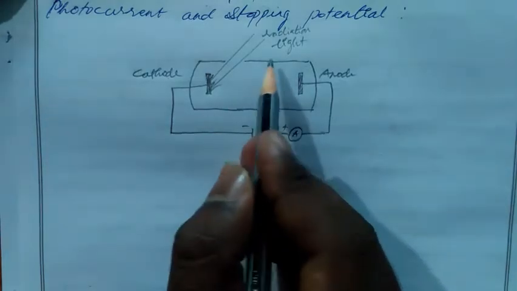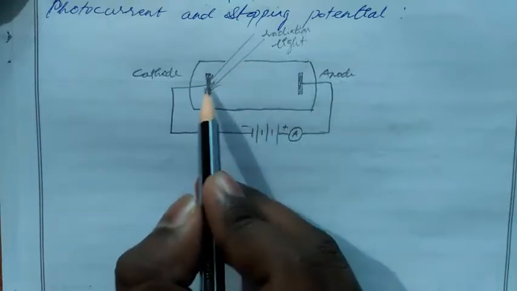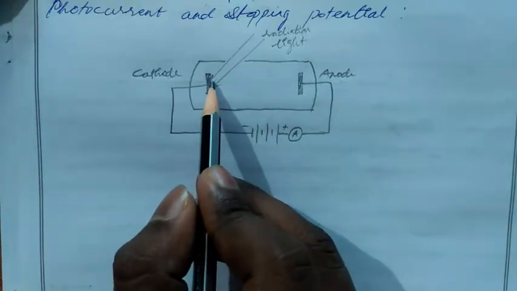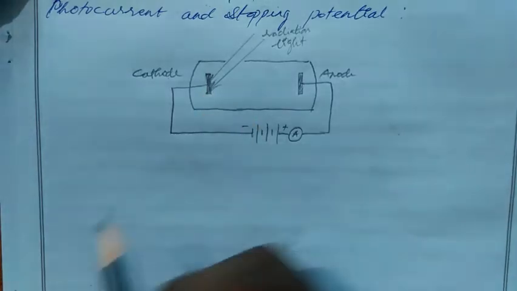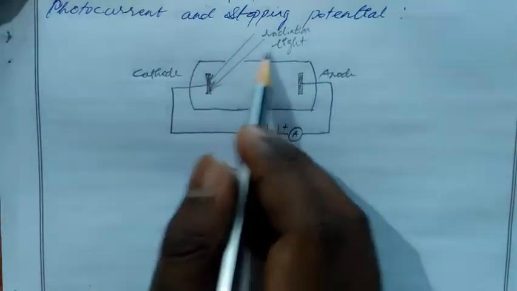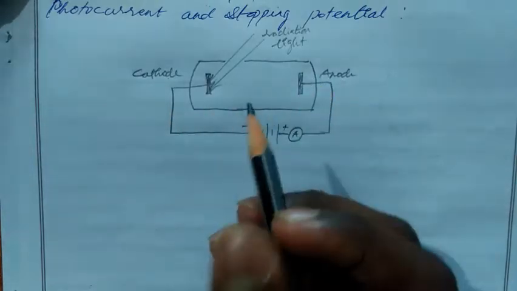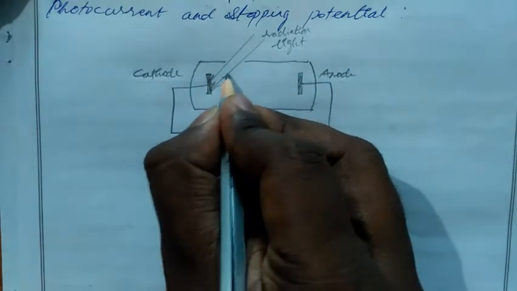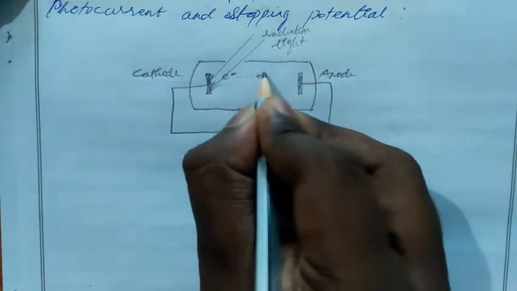When this radiation, light energy E, falls on the material, what will happen? The free electrons from this cathode will come out. Because of absorbing this energy, the free electrons come out. This is the photoelectric process. The electrons move towards the positive plate.